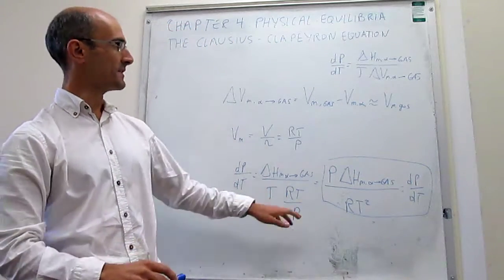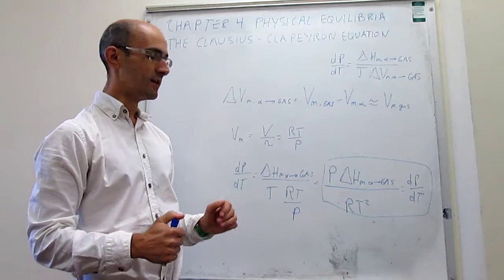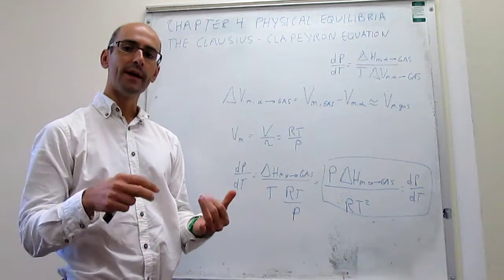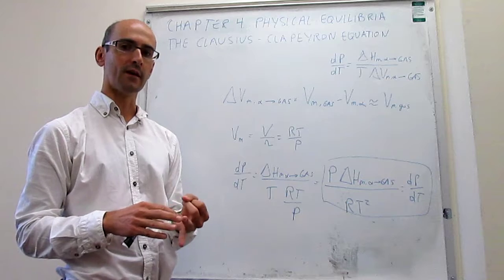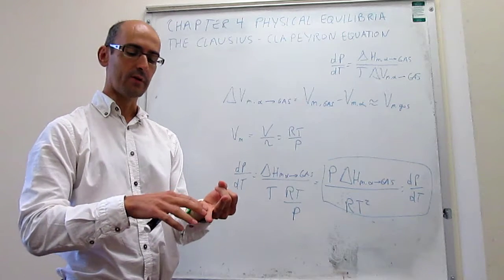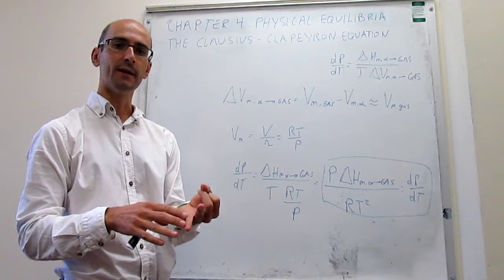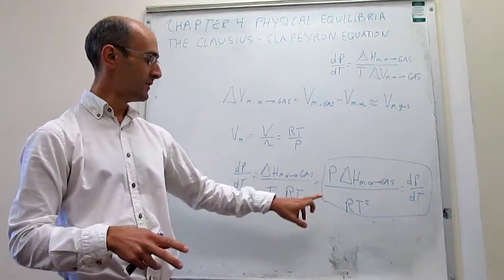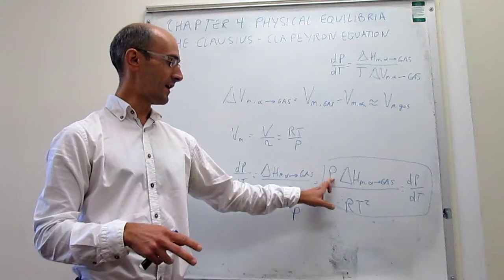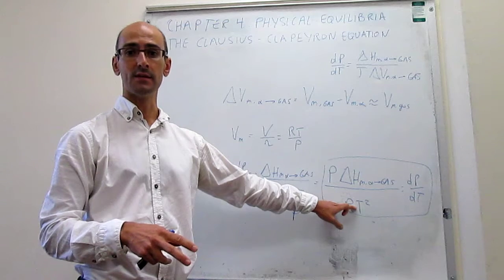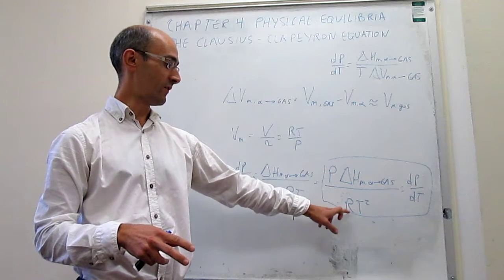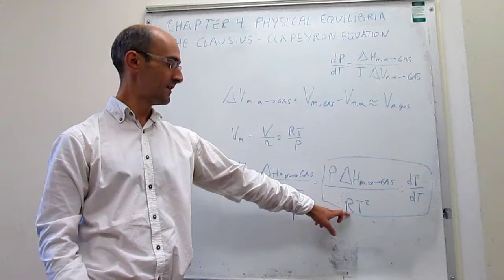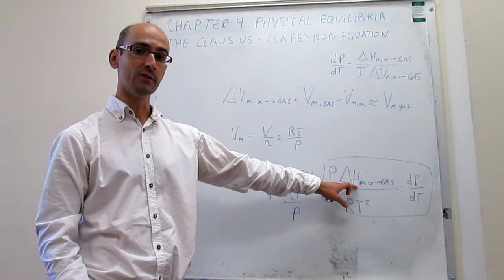Notice that this is much simpler than that, because you're usually asked to calculate the slope at a particular point in the phase diagram, in the phase boundary. That point has to be determined by the pressure and temperature. So these two numbers are already a must in the statement. Then the other variables that you have are the R constant, and the enthalpy of the phase transition, which is also known.